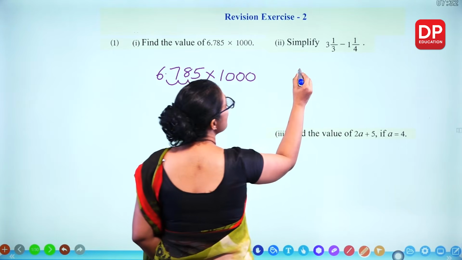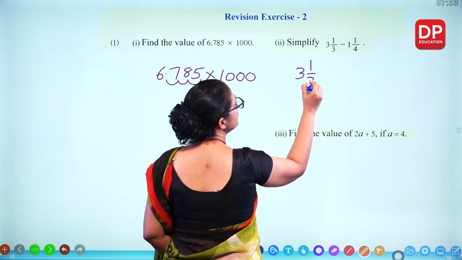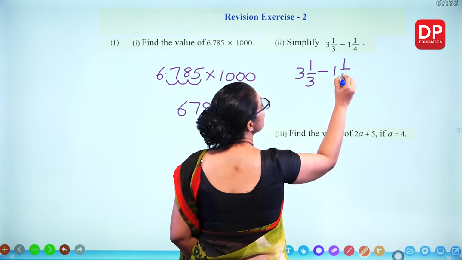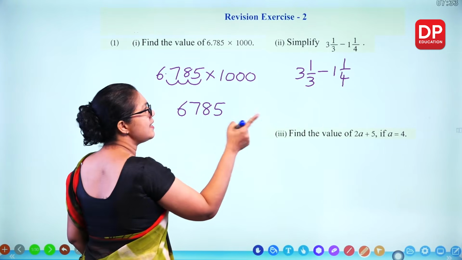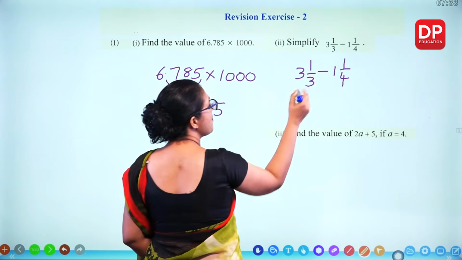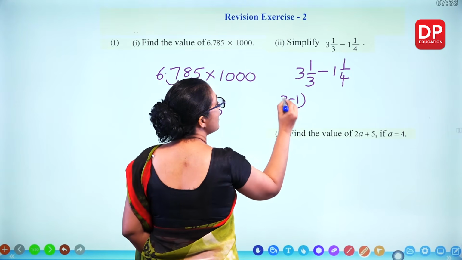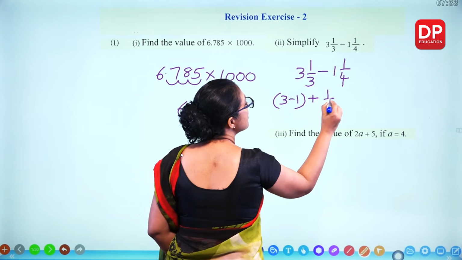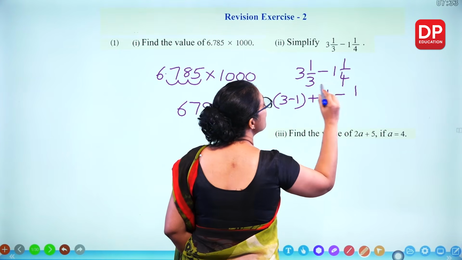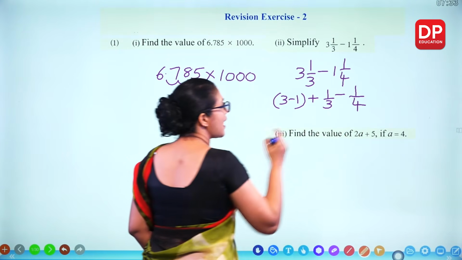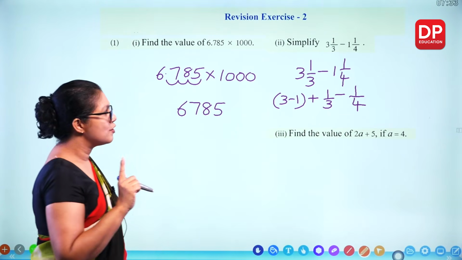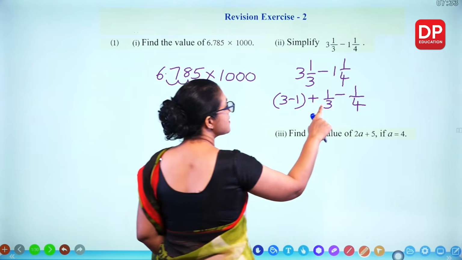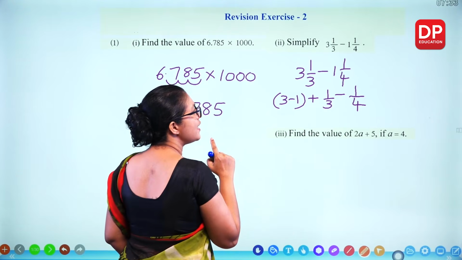Then second question, that's related to fractions. So you get mixed numbers. What you do, first you can subtract the whole numbers, 3 minus 1. And then the proper fractions. Can we subtract? The denominators are different. So what's the lowest common multiple of 3 and 4?